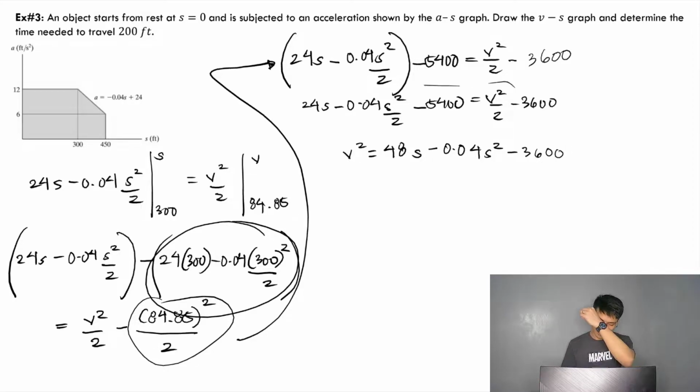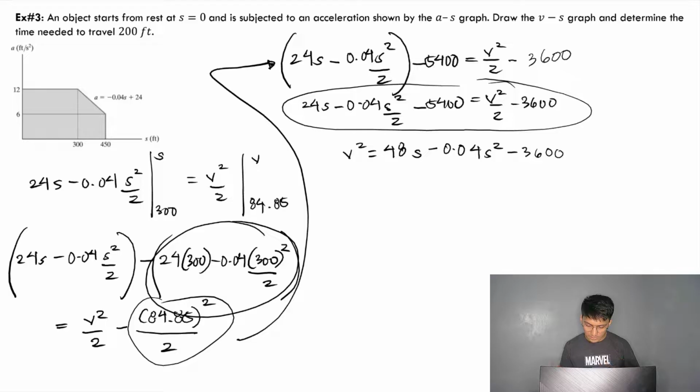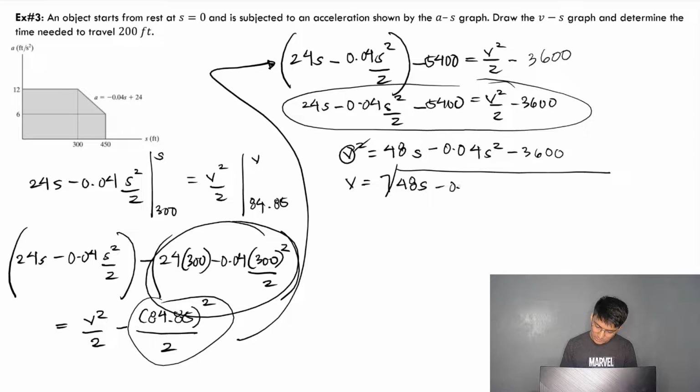So, that is the equation when arranged. And next, we are solving only for the velocity, so we take the square root of both sides to cancel the square of v. v is equal to the square root of 48s minus 0.04 s squared minus 3,600.